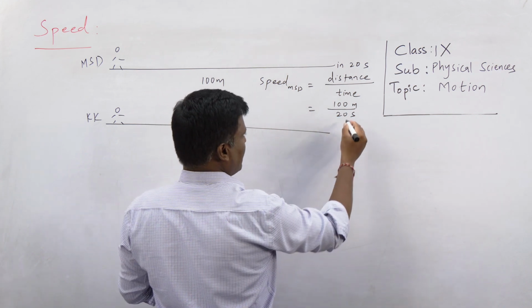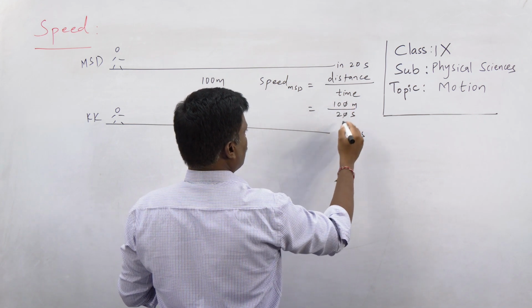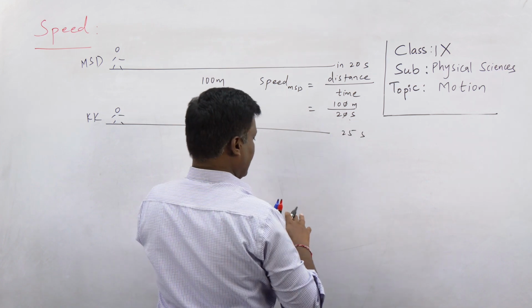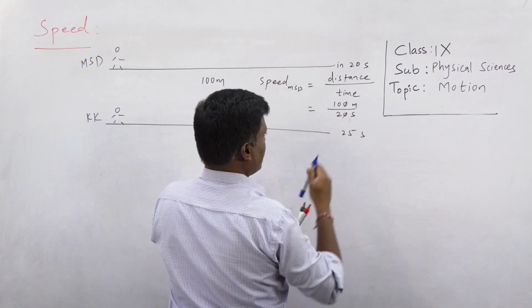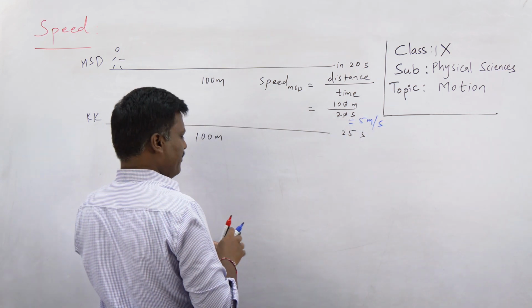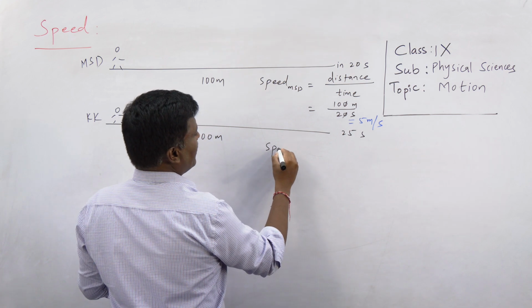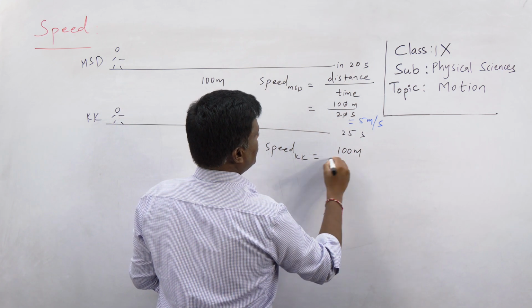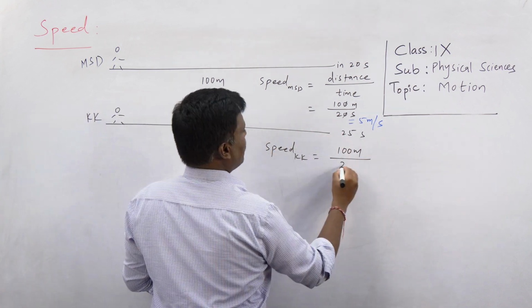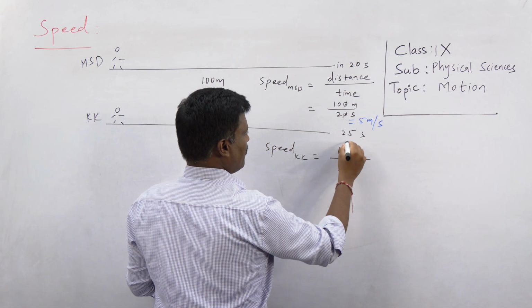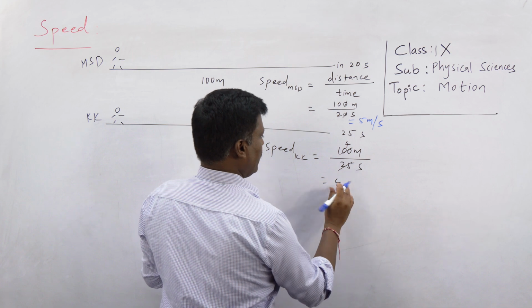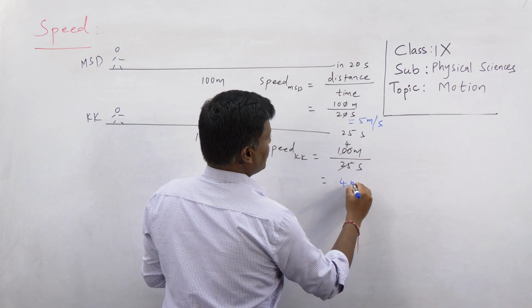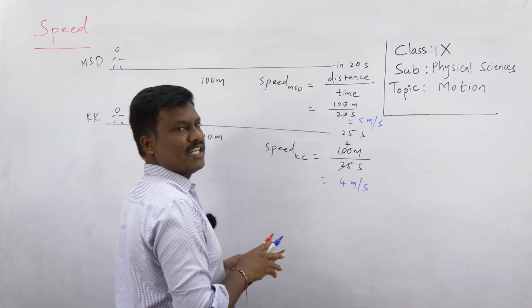If you do the cancellation, 2 ones are 2, 2 fives are 10, and here you will get the answer 5 meters per second. If you do the same, you find the speed of Virat Kohli. Same formula: distance 100 meters by time 25 seconds, 25 ones are 25, 25 fours are 100. So Virat Kohli's speed is 4 meters per second. MSD's speed is 5 meters per second.